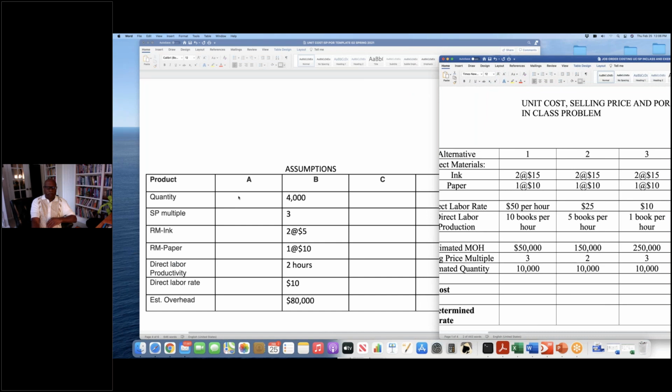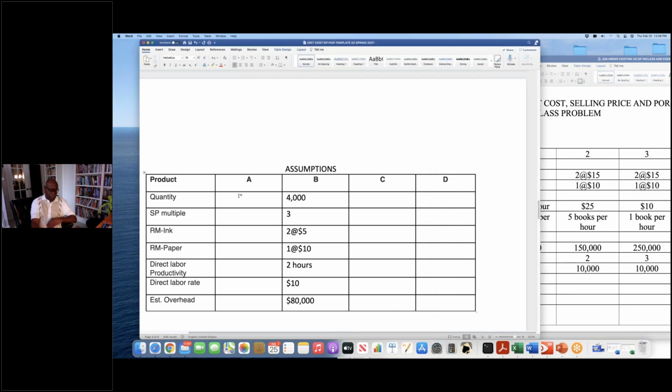What's our quantity? 10,000. And what's our selling price multiple? 2. What's our ink? 1 at 10. And what's our paper? 2 at 15.